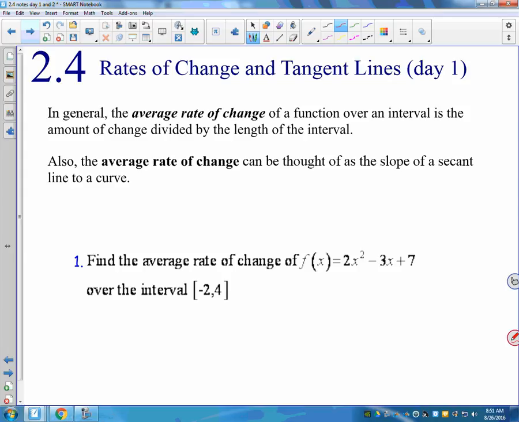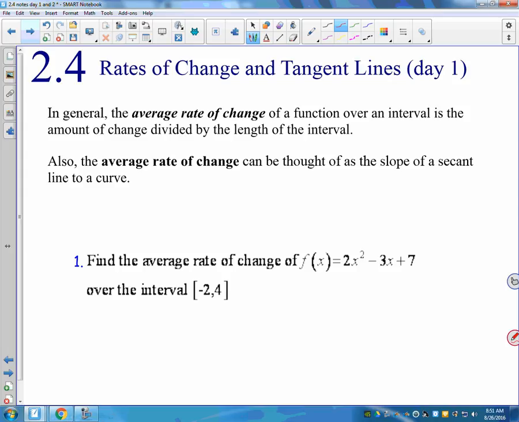Okay. All right, let's do some real calculus. Average rate of change, hopefully you associate that word with slope, right? Slope is rate of change. So we can talk about the average rate of change of a function over an interval, which is the amount of change divided by the length of the interval.